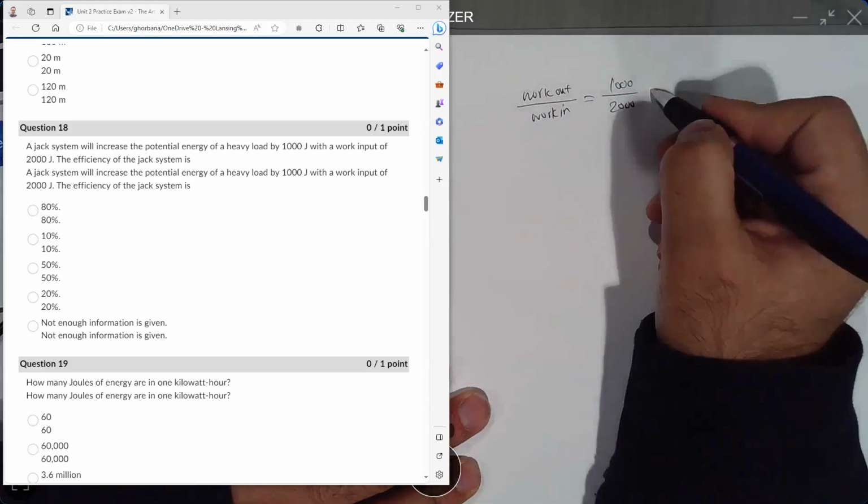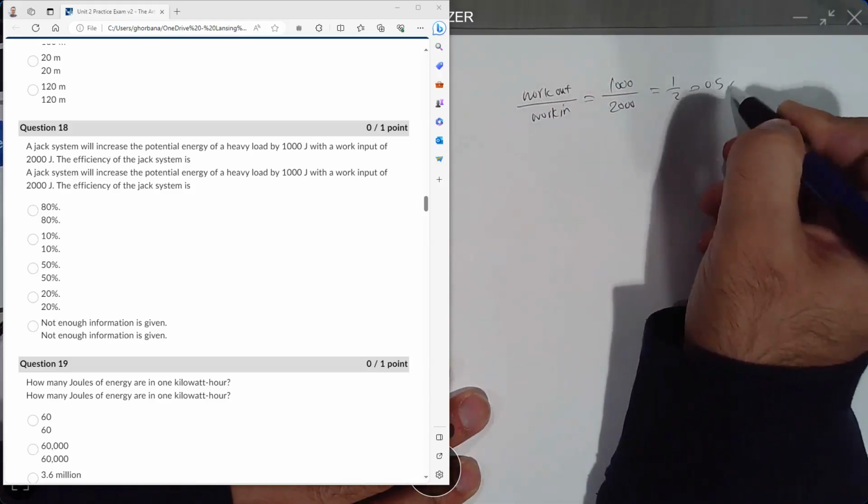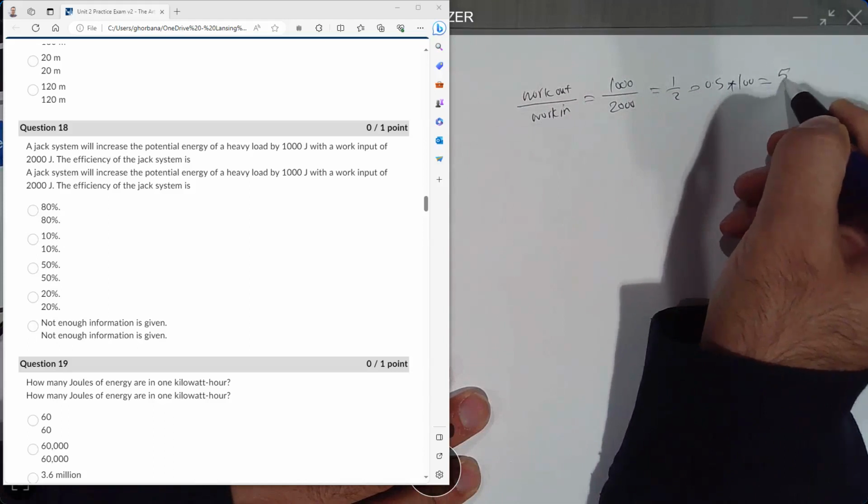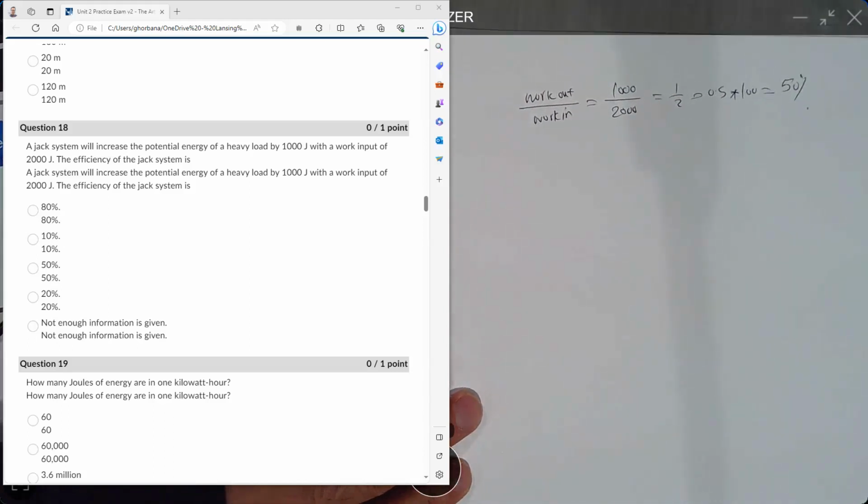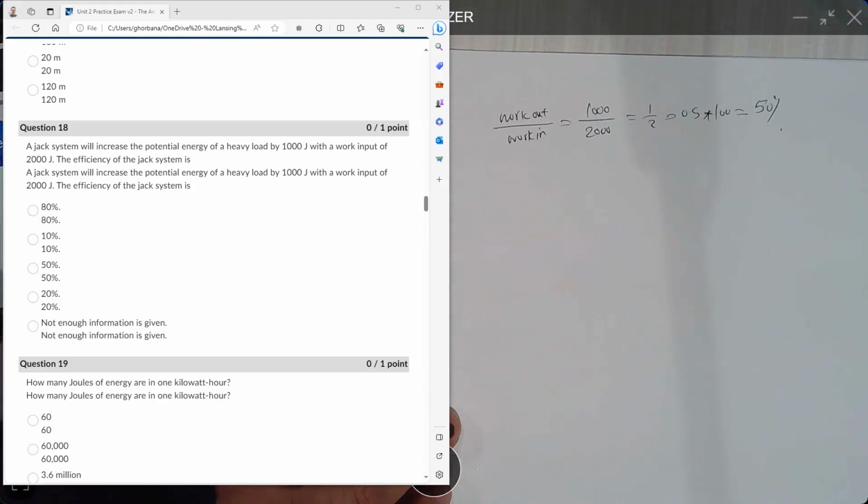When you divide this, it's going to be 1/2 or 0.5. When you multiply by 100, it's going to be 50%. So 50% is the right answer for this question.